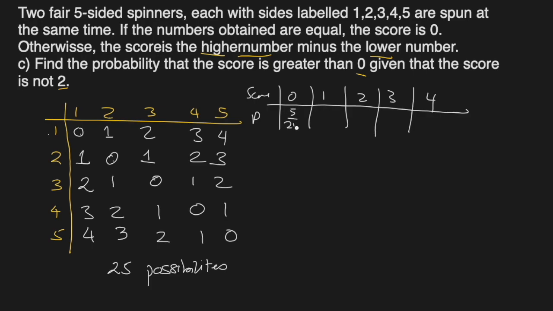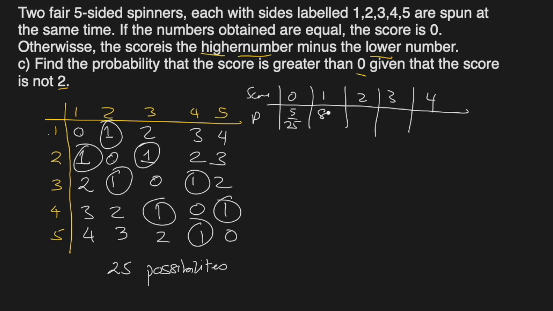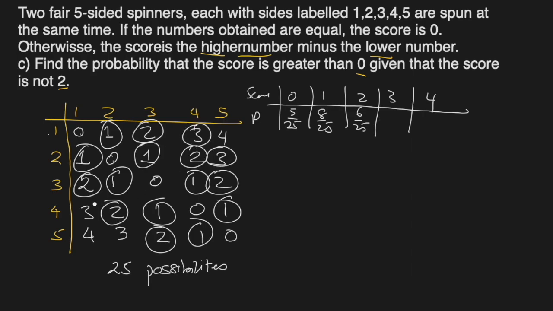And let me not simplify it to 1 over 5 because it will help in calculations later. 1 2 3 4 5 6 and 7 8 for the ones. 2s: 1 2 3 4 5 6. 3s: 1 2 3 4. 4s: 1 and 2.